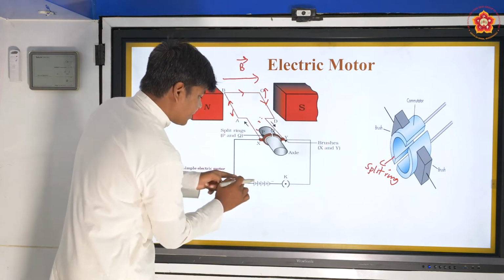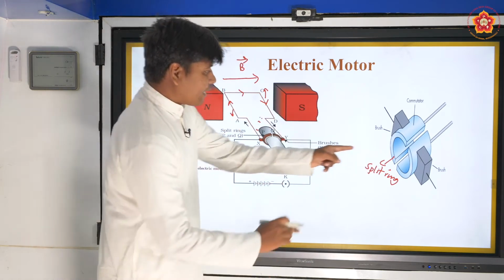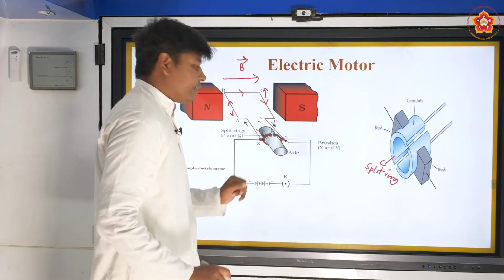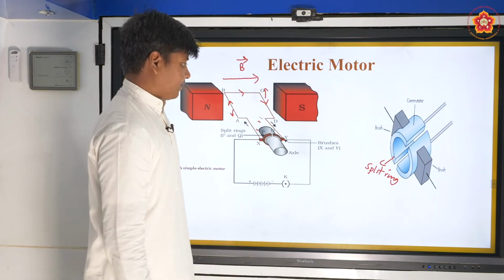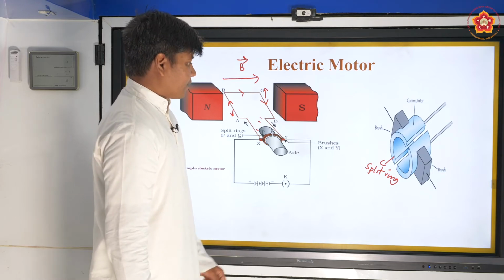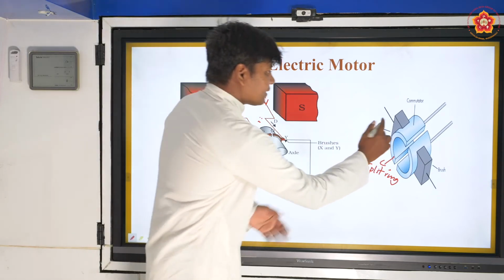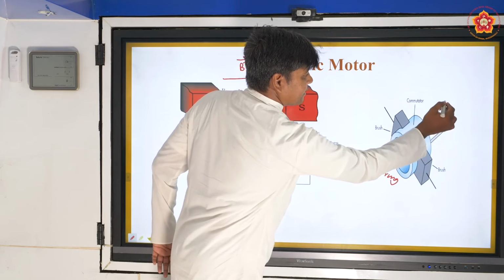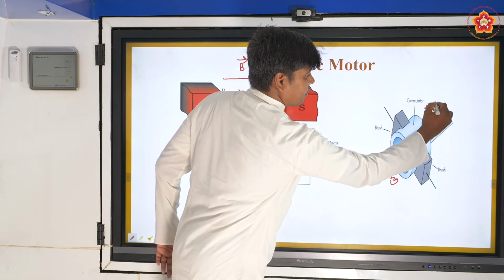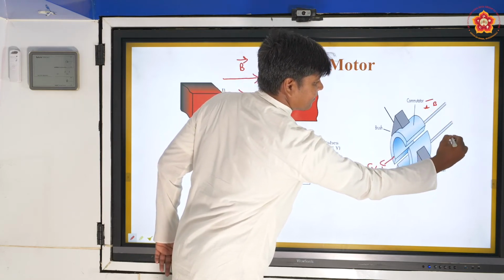One brush is connected to the positive terminal and another brush is always attached to the negative terminal of the power source. Alright. So what happens when, let us suppose, this segment is AB and this segment is CD.